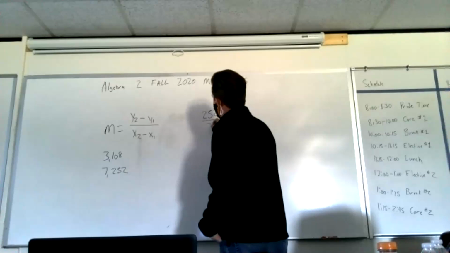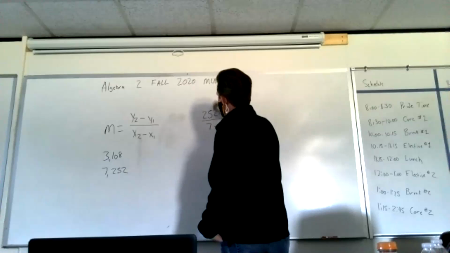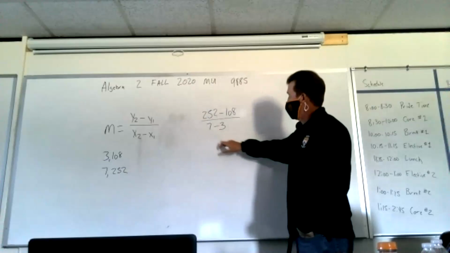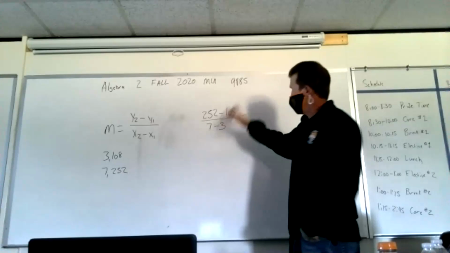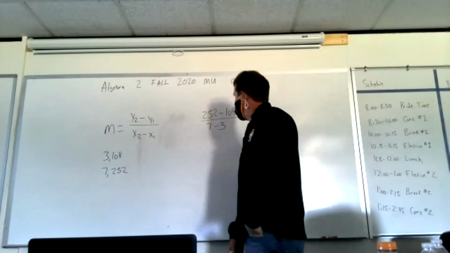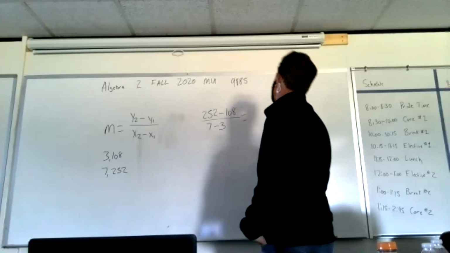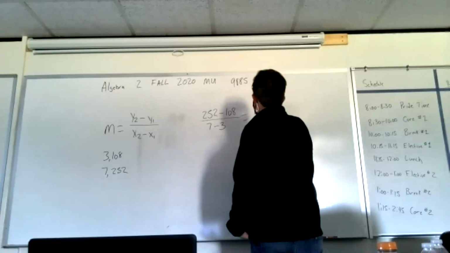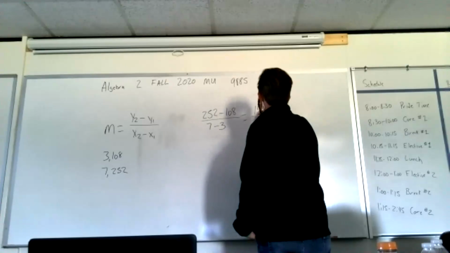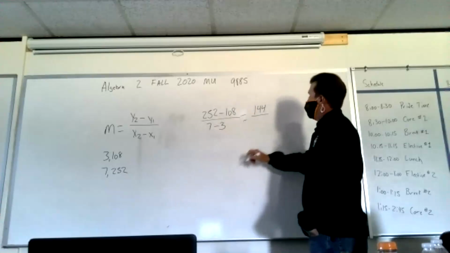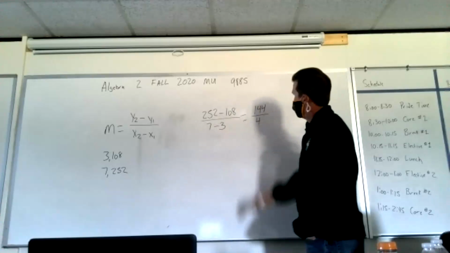Then I'm going to have 7 minus 3 for my x values. Now I carry out my subtraction. 252 minus 108 is 144. 7 minus 3 is 4.